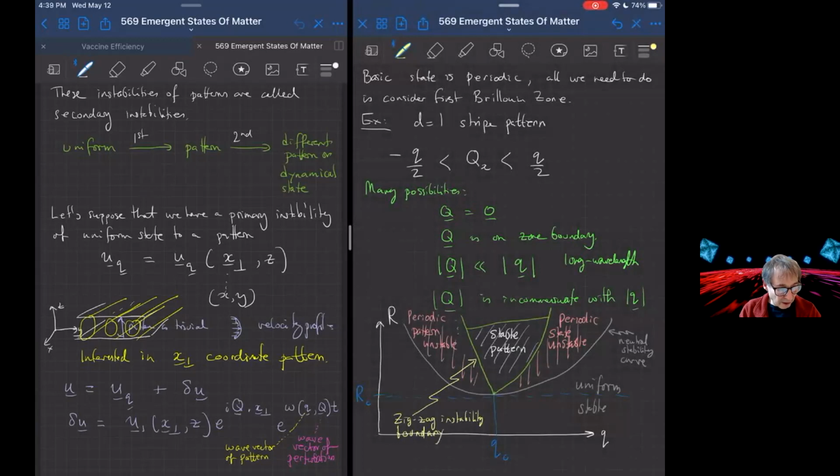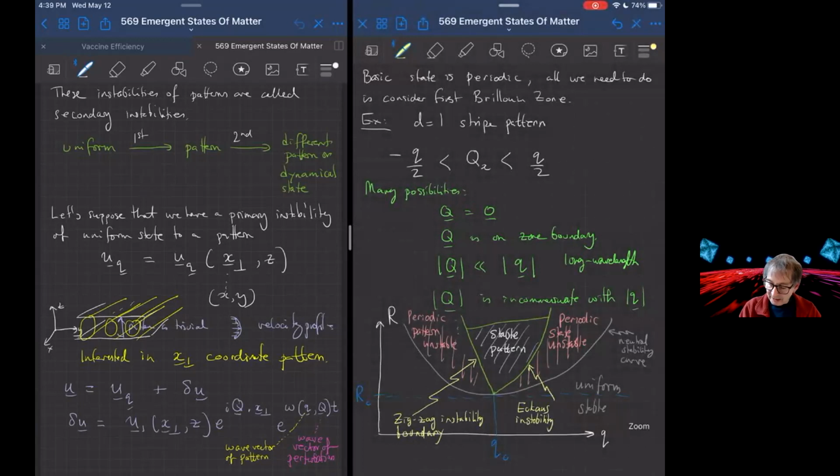And this one on the right is called the Eckhaus instability. It's named after Mr. Eckhaus. There wasn't any Mr. Zigzag.